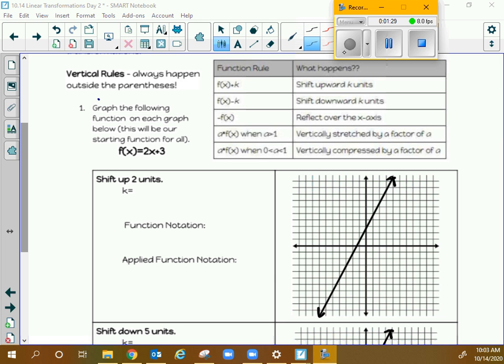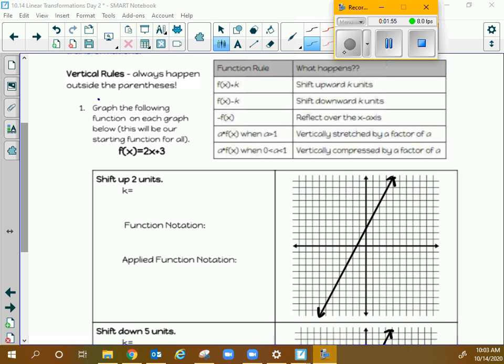This little table is just a cheat sheet for how the function rules are applied. If you're shifting up or down, that is a vertical change. If I'm going left and right, is that a vertical change? No, that's a horizontal change. So going up and down, you are adding or subtracting values from the end of your function.